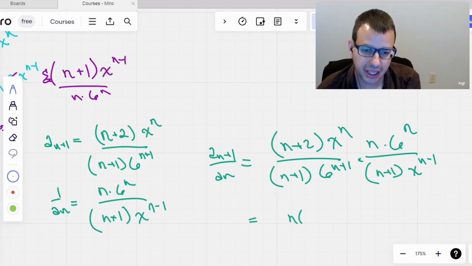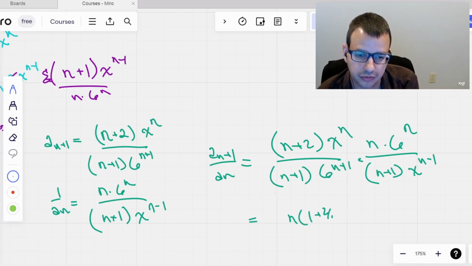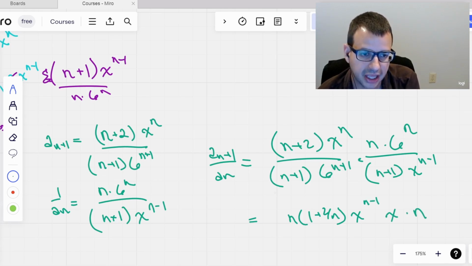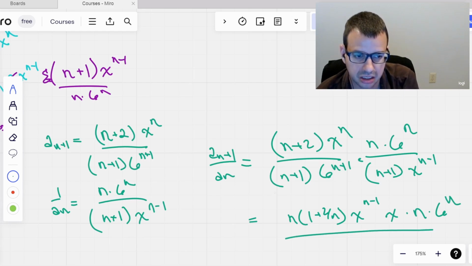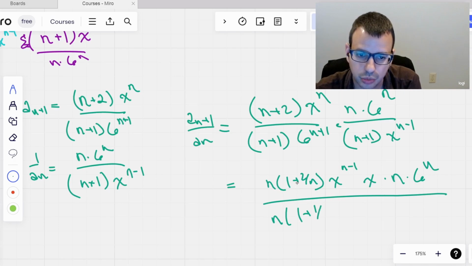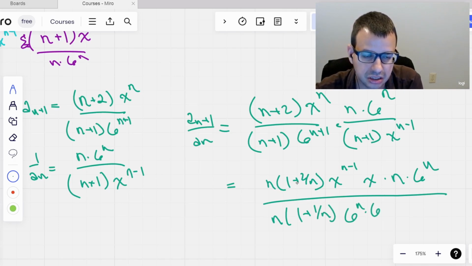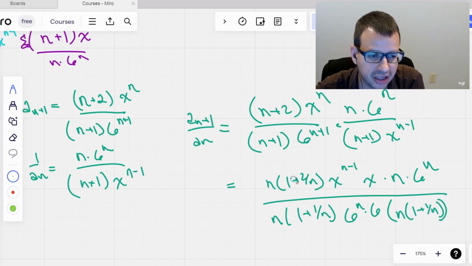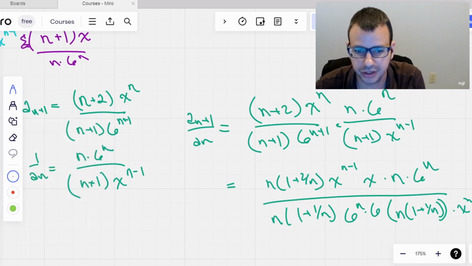So this becomes n times (1 plus 2 over n), x to the n minus 1 times x times n times 6 to the n, all over n times (1 plus 1 over n), 6 to the n times 6, and we'll do n times (1 plus 1 over n), I'm just factoring out the n, times x to the n minus 1. Alright, super messy, hopefully things will get cleaned up.